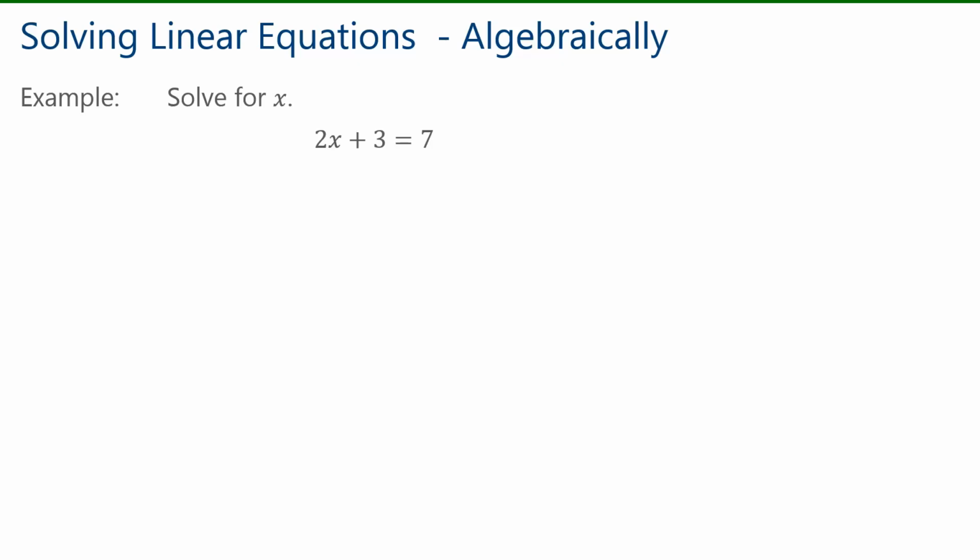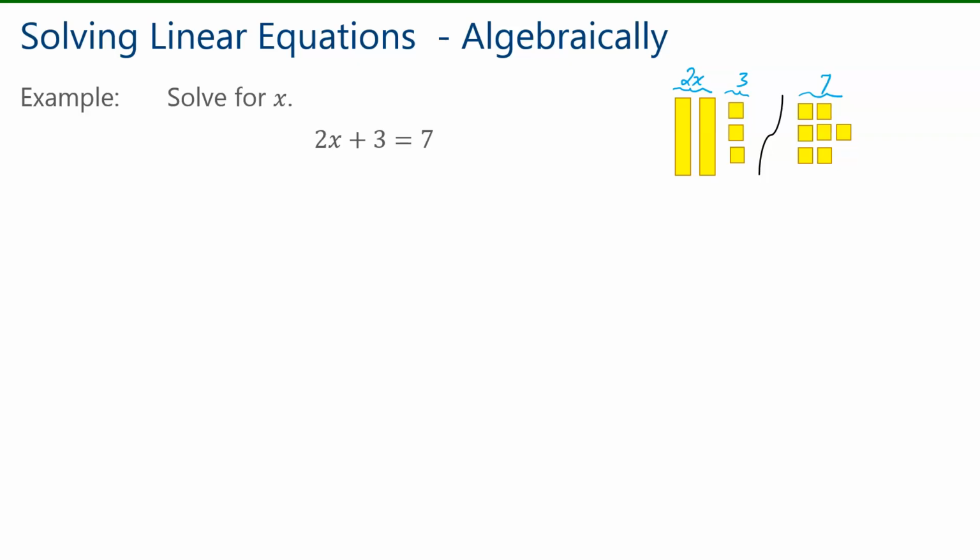As we work through our first example, 2x plus 3 equals 7, and we solve for x, I want to revisit the algebra tiles, as this will make the algebraic process easier to follow. So with our algebra tiles, we would first represent 2x plus 3 equals 7. The two variable tiles for 2x, 3 unit tiles for plus 3, 7 unit tiles for 7.